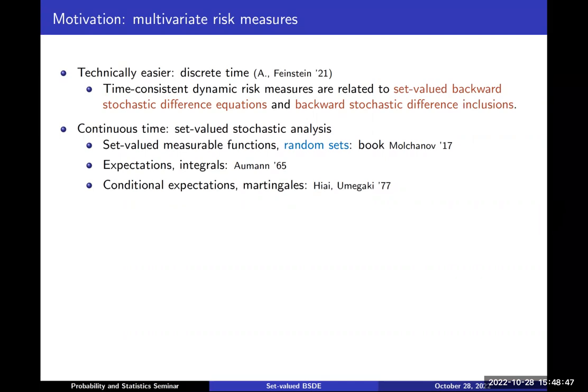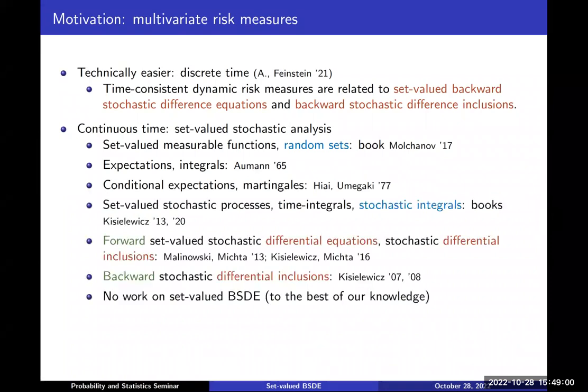How do we define its conditional expectation? Can we talk about martingales in the set-valued framework? What is, for instance, conditional expectation in the set-valued framework? Is this a martingale? What are other martingales? And then you try to go slowly towards establishing a theory for a BSDE in the set-valued setting.